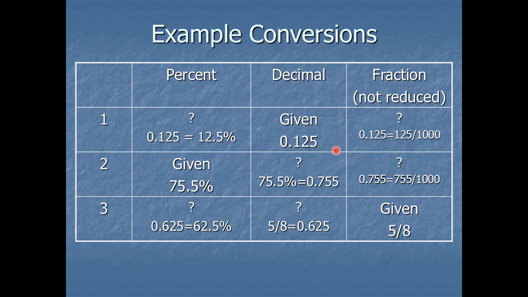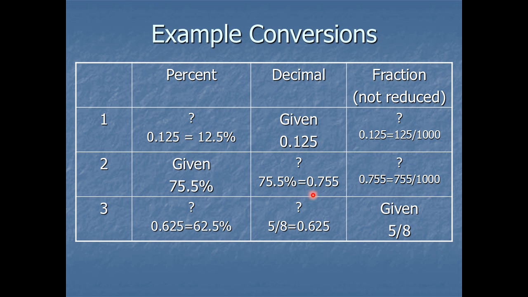If you have the percent, you can always go to the decimal just by moving the decimal point 2 positions to the left. And once you know the decimal, you can write the fraction, writing 755 divided by 1000, that is 1 followed by 3 zeros.